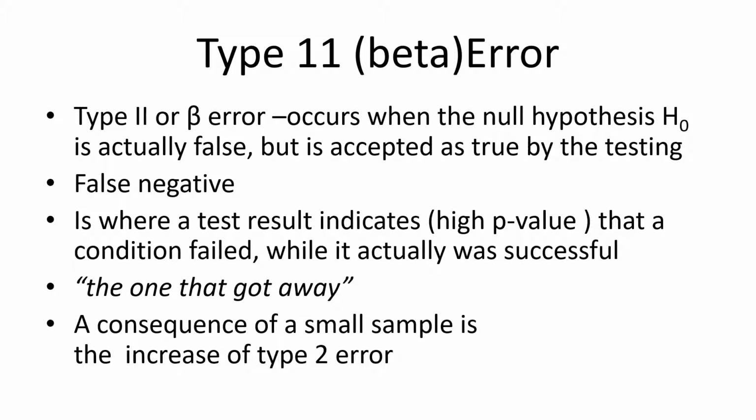So this is a consequence of a small sample, and it increases the chance of your type 2 error. So again, if you're going to conduct a test on printer speeds, for example, conducting it on one printer would be open to criticism and the accusation of a type 2 error.